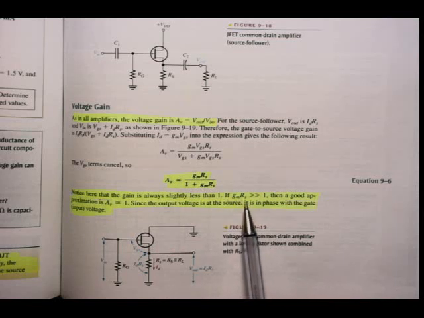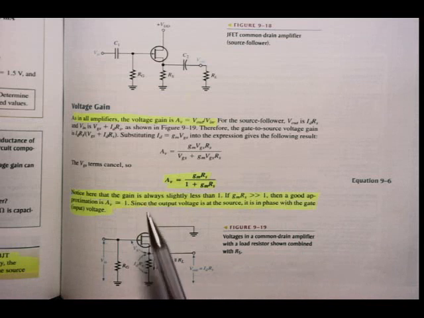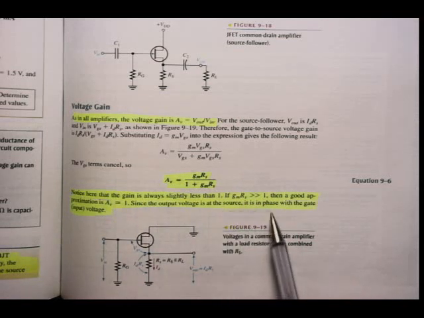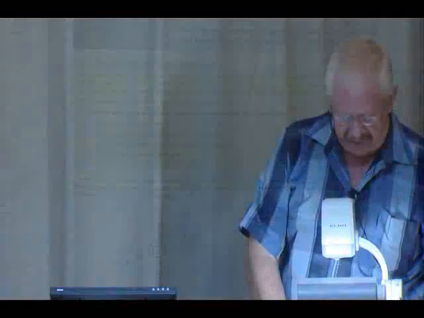If gm RS is much larger than 1, then a good approximation is that the voltage gain is equal to 1. Since the output voltage is at the source, it is in phase with the gate or the input voltage. All sounds very familiar if we think back on the BJTs, no? Alright, the input resistance on the next page.